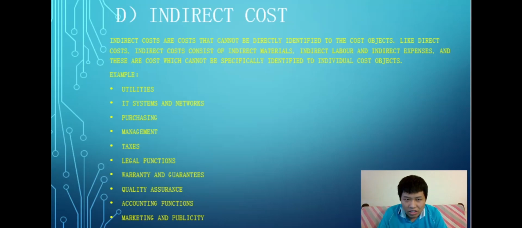Like direct costs, indirect costs consist of indirect materials, indirect labor and indirect expenses, and they are costs which cannot be specifically identified to an individual cost object. Examples of indirect cost are utilities, IT system and network, purchasing, management, test, legal functions, warranty, guarantees, quality assurance, accounting function, and marketing and publicity.